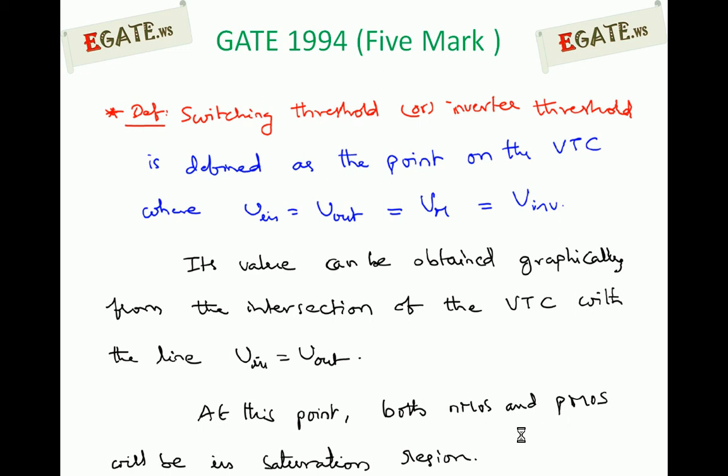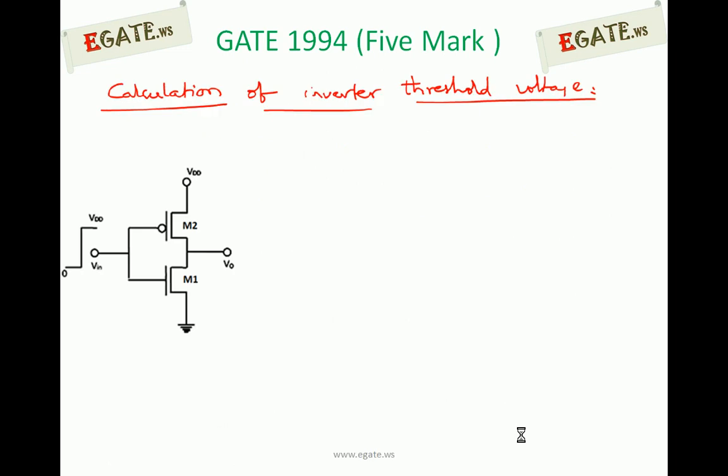At this point both the transistors are on, that is both NMOS and PMOS are in the saturation region. But we need to calculate analytically, not graphically. So we will see how to calculate the inverter threshold voltage analytically.